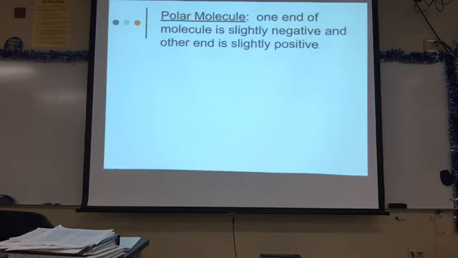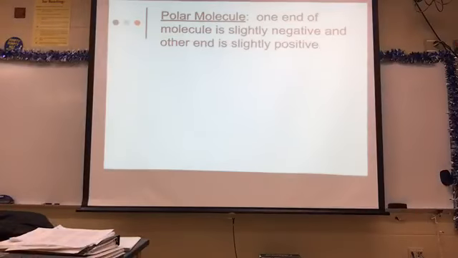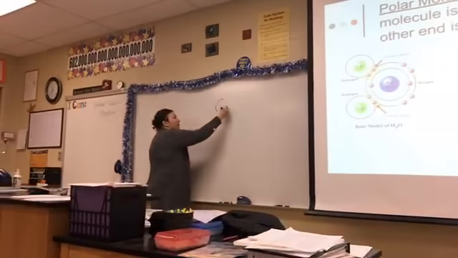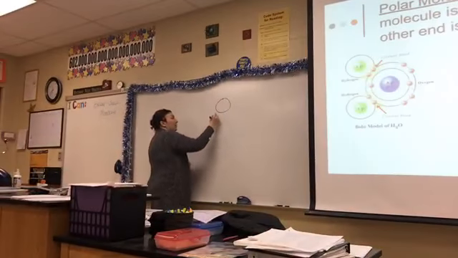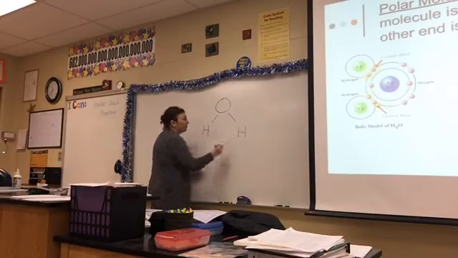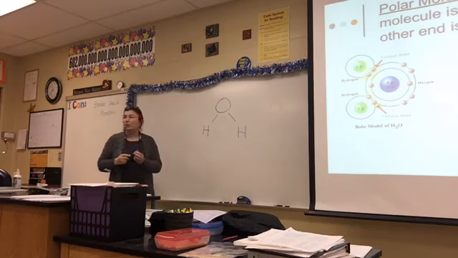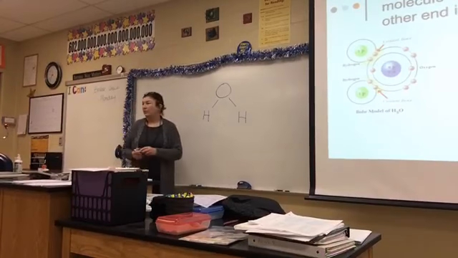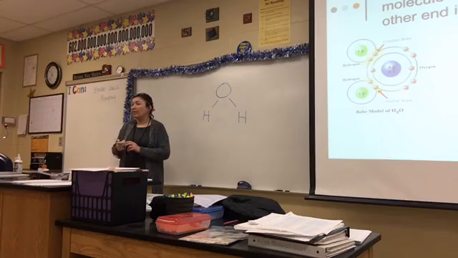Water is a really good example of this. A water molecule looks like this. If I were to draw it up here, here's oxygen, here's hydrogen, and here's hydrogen. Oxygen has what electronegativity? What's the electronegativity of oxygen, sorry?